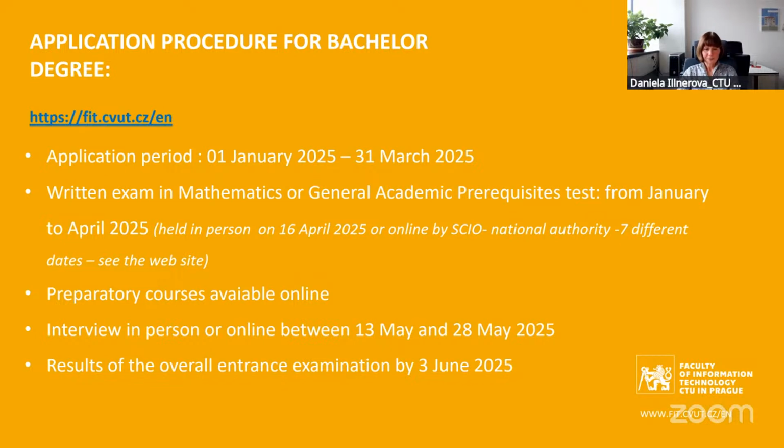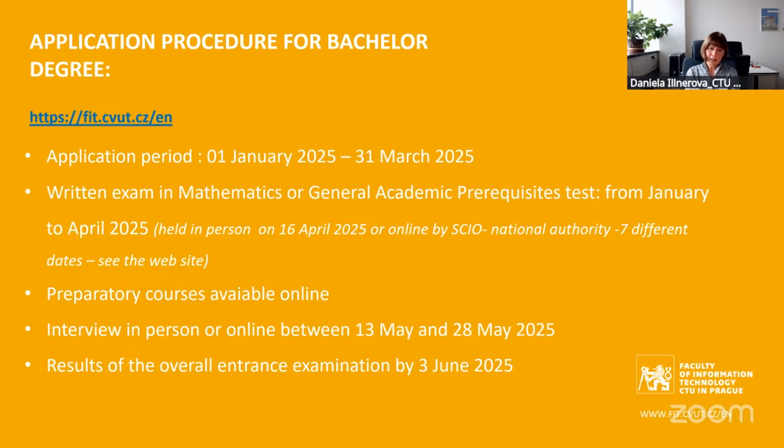It helps. And then if you pass the written exams, and it means that you have at least 60 points from this test, then you will be invited to interview. Interview again could be done in person at the faculty or online. And again, you will be offered a specific date between 13th of May and 28th of May.